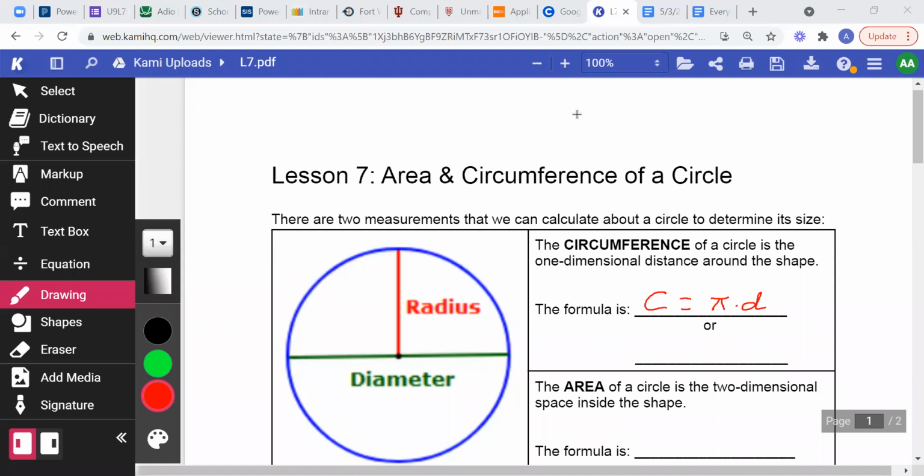Then, pi times D. D here represents the diameter. And as we all know, diameter is twice the radius.